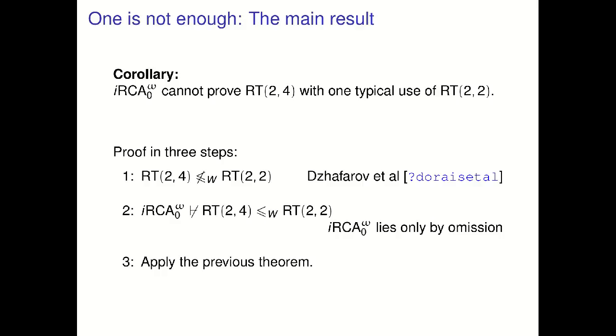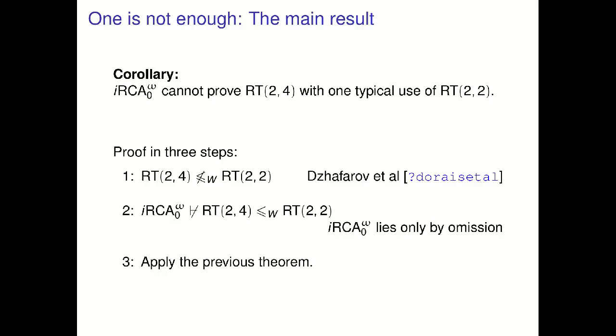The first step: from a computability theoretic viewpoint, Ramsey's theorem for pairs in 4 colors is not Weihrauch reducible to Ramsey's theorem for pairs in 2 colors. That's in this article by Dzhafarov and his friends, which people often say Durand and his friends, because Francois comes before Dzhafarov in the alphabet.